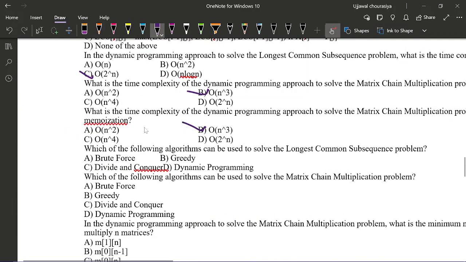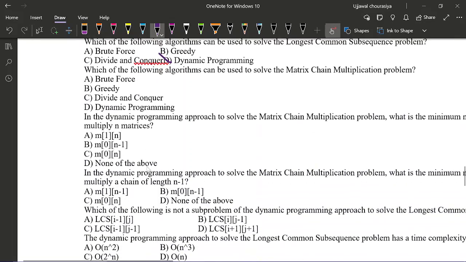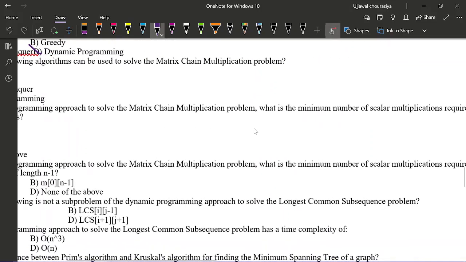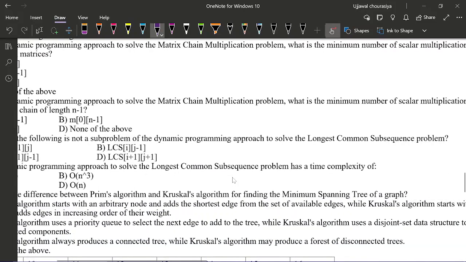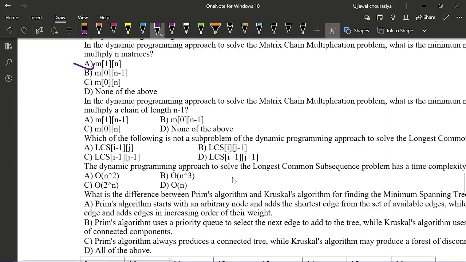What is the time complexity of the dynamic programming approach to solve the matrix chain multiplication problem for a given sequence? Order of n cube. Which of the following algorithms can be used to solve LCS? Dynamic programming. Which of the following algorithms can be used to solve matrix chain multiplication? Its answer is dynamic programming. In the dynamic programming approach to solve matrix chain multiplication, what is the minimum number of scalar multiplications?